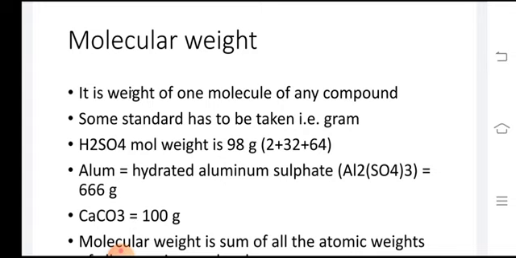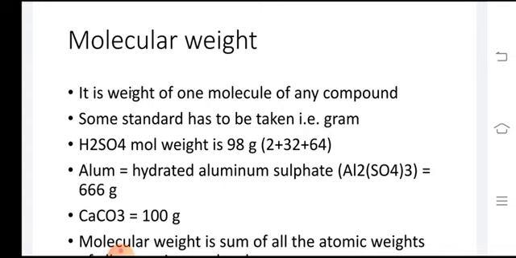So we have 1 atomic weight of hydrogen, multiplied by 2. Sulfur has 32 and it is only 1 atom, so it remains the same. Then we have 16 atomic weight of oxygen multiplied by 4, giving us 64. So summing up all the atoms gives us 98 grams.